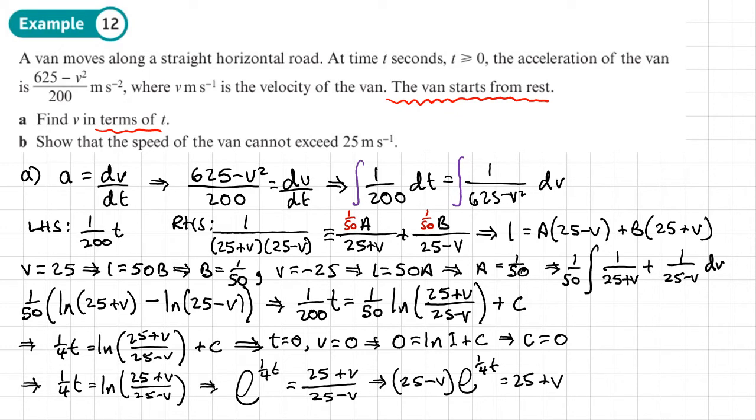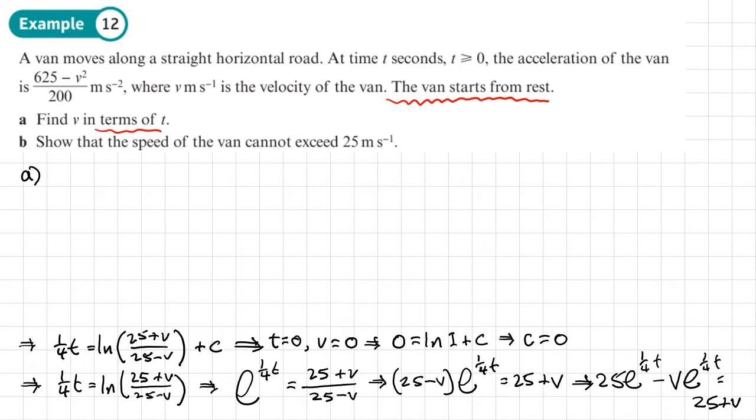We'll expand the brackets on the left hand side, so I'll have 25 e to the quarter t minus v e to the quarter t is equal to 25 plus v. Let's just create a little bit of space. Then what we'll do is collect up all the v terms on one side, so I'll have v plus v e to the quarter t is equal to 25 e to the quarter t minus 25.